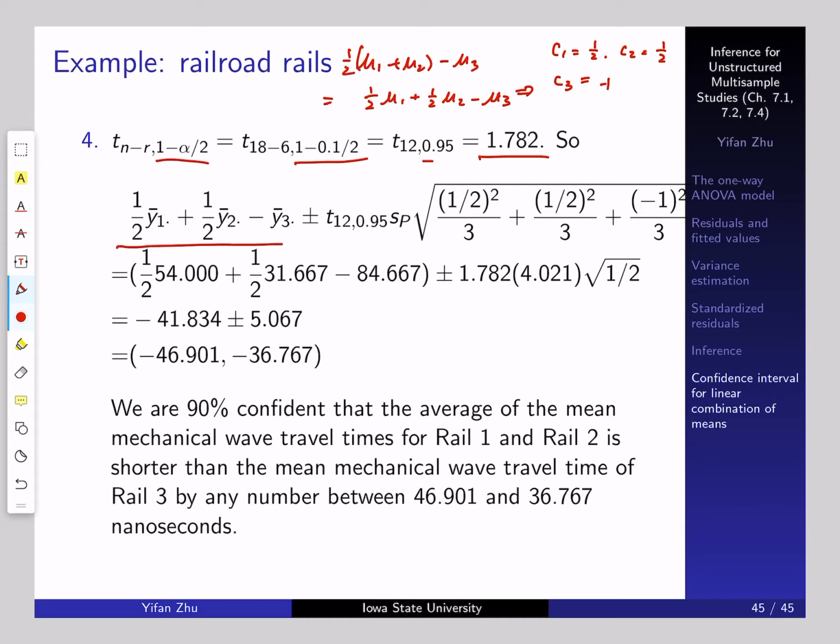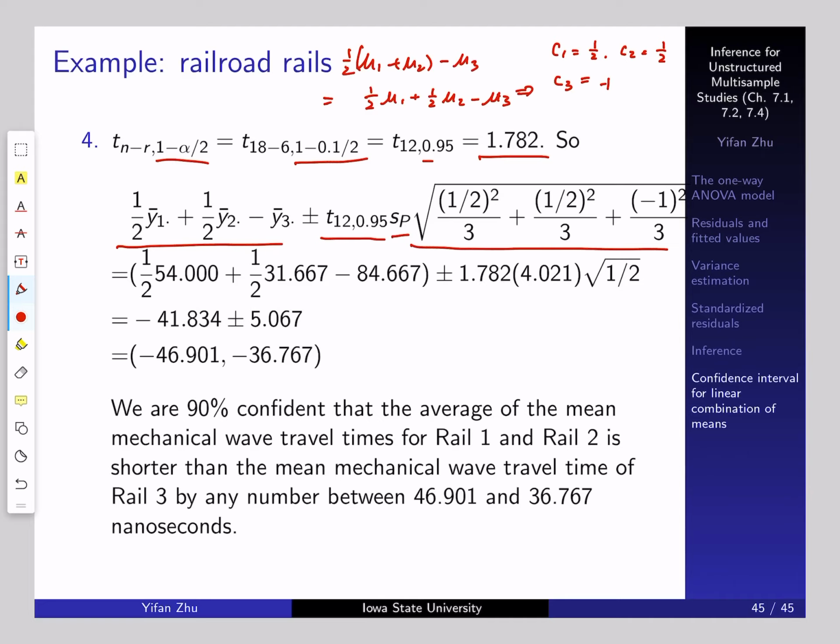This is L hat. L hat is just replacing mu1, mu2, mu3 with y1 dot bar, y2 dot bar, and y3 dot bar. We use the T12 0.95 quantile, SP times the square root of 1 over 2 squared over 3, plus 1 over 2 squared over 3, and negative 1 squared over 3.